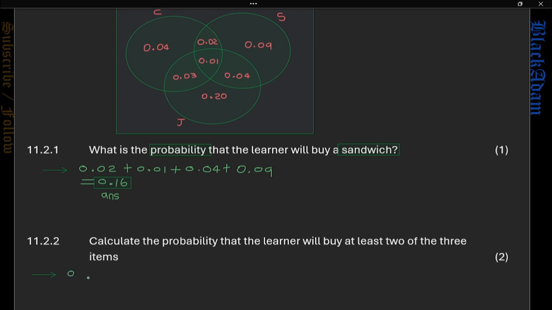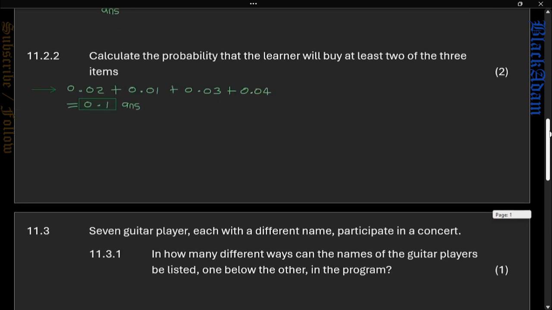So it's going to be 0.02 plus 0.01 plus 0.03 plus 0.04, and adding all that together will give us 0.1. So that's our answer for 11.2.2.